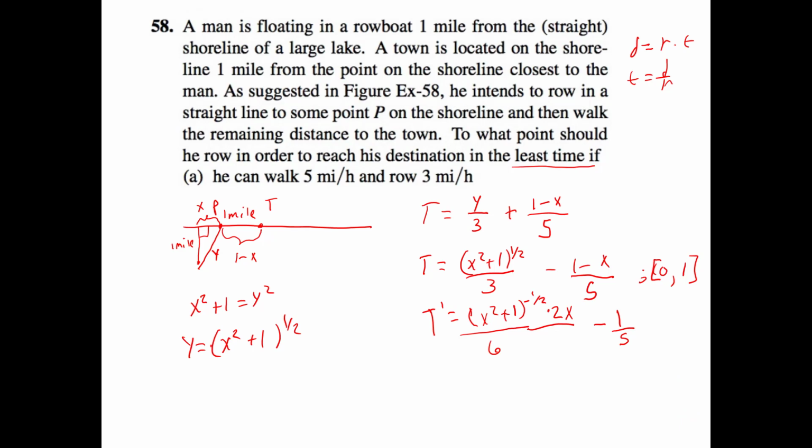And so then when you set the derivative equal to 0, you will have 1/5 is equal to 2x over 6 times the square root of x squared plus 1.